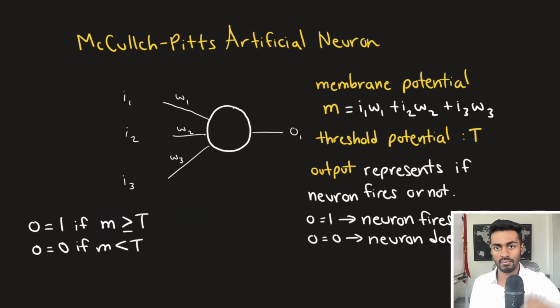Then we can compute a membrane potential, which is the sum of all of the individual weight potentials here. We'll call that M. And if this is greater than some threshold, T, it generates an action potential and the neuron fires. That's O equal to 1. But if it is not greater than this threshold, then the neuron does not fire. And so we have now created a computation model of a very complex biological process.